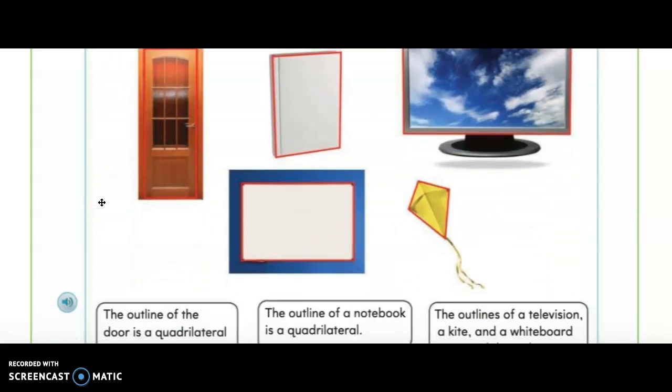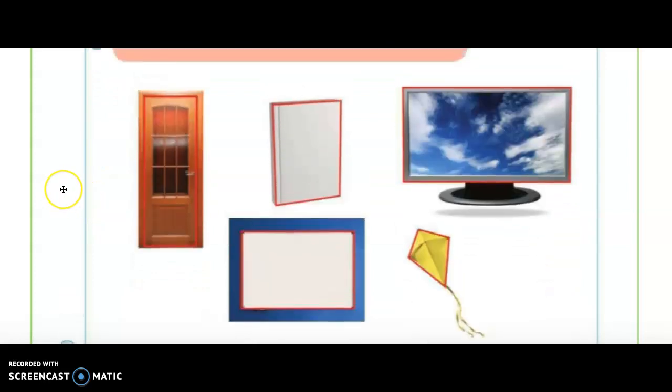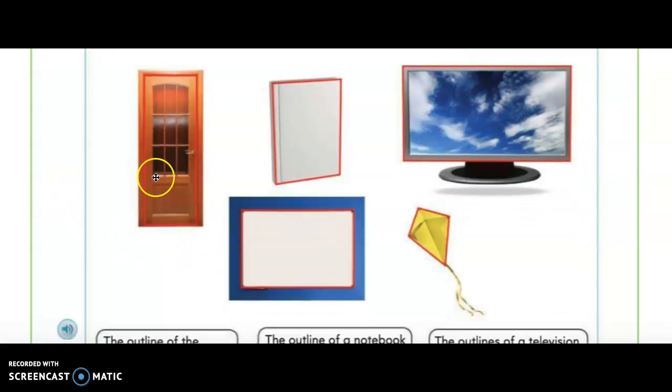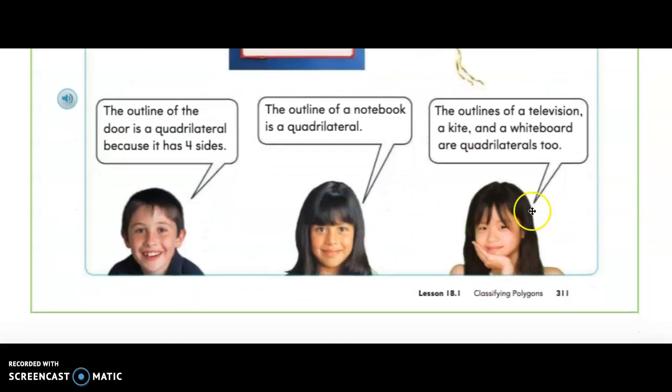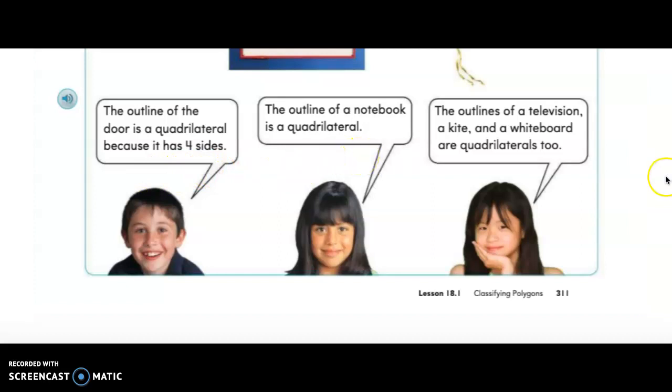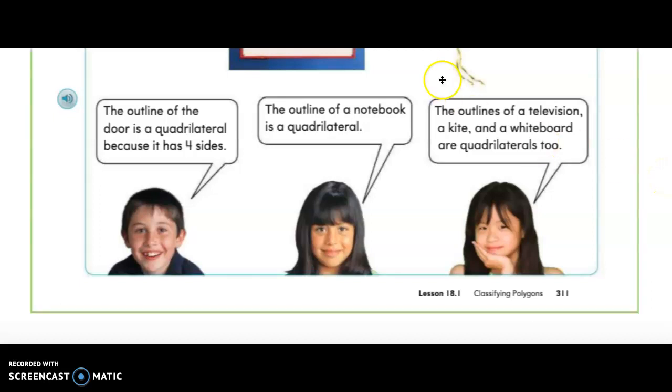Now, quadrilaterals you will see all over the place, especially if you're thinking back to your scavenger hunt that you did yesterday. These may be some of the things that you saw around your house. So the outline of the door is a quadrilateral because it has 4 sides. The outline of a notebook is a quadrilateral, and the outlines of a television, kite, and whiteboard are quadrilaterals too.